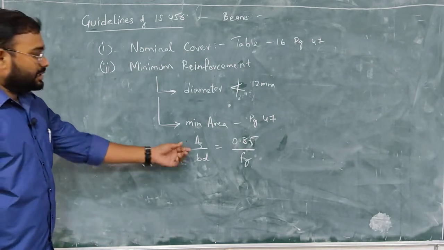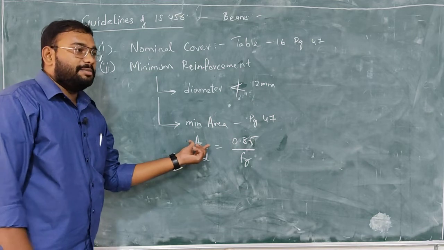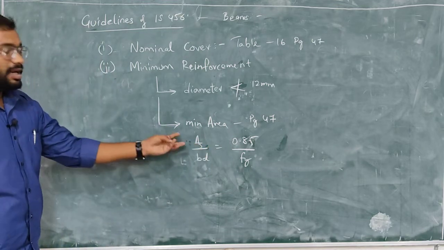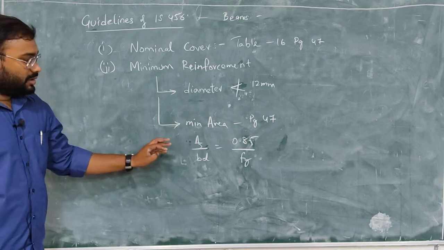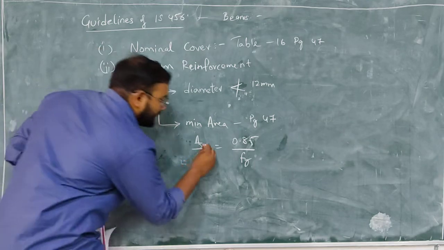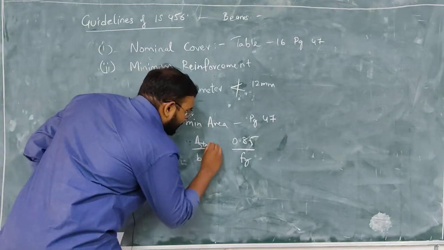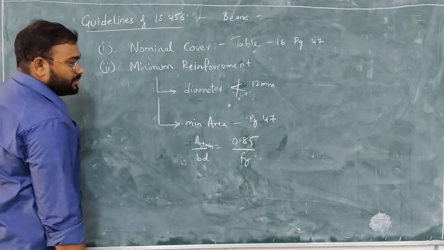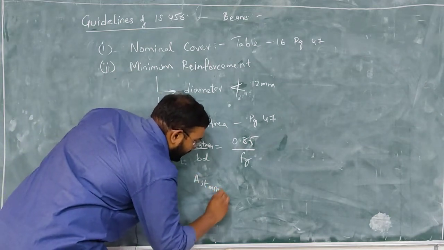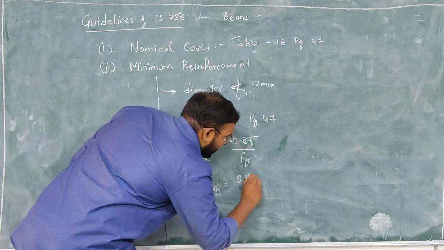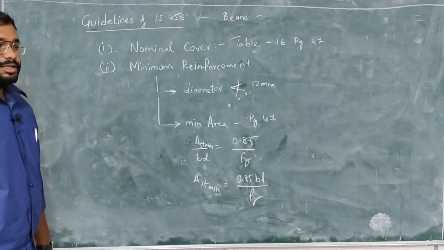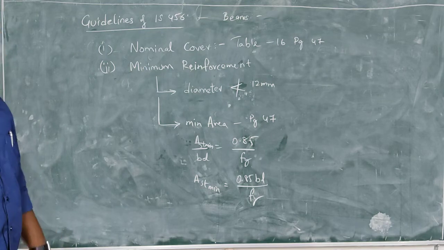This is As or Ast, it can be Asc or Ast. Now see here, moment is not involved. This minimum reinforcement is also called Ast minimum. From this formula, Ast minimum = 0.85 bd/fy.